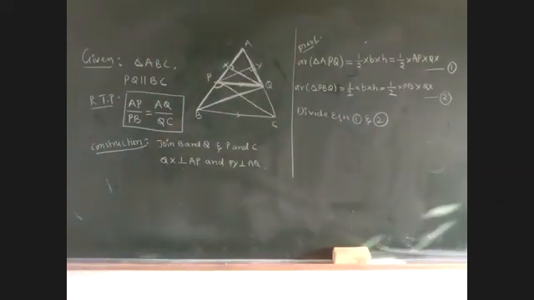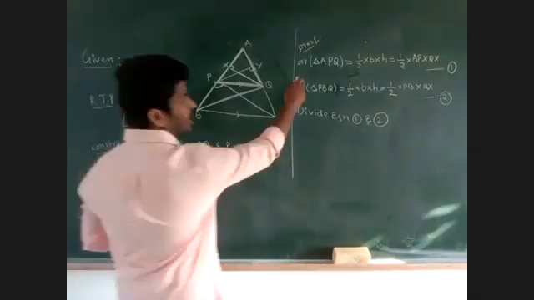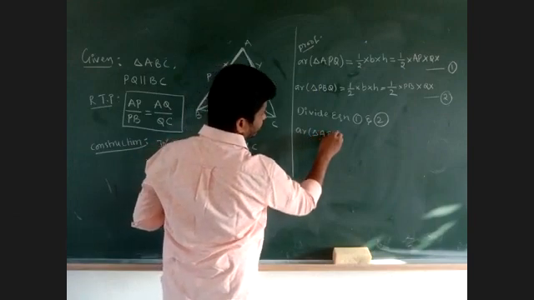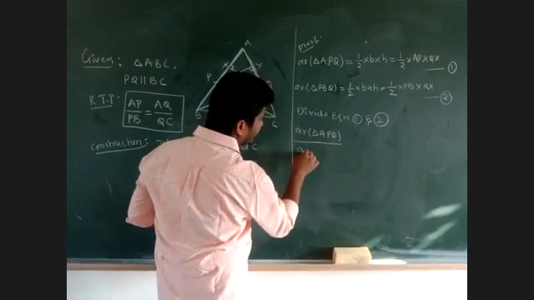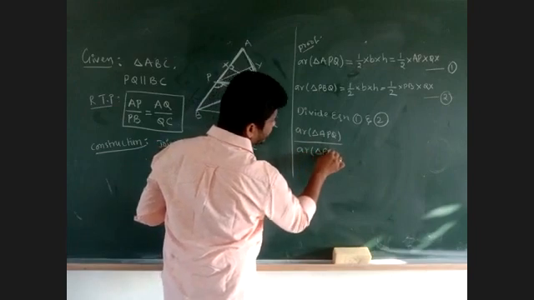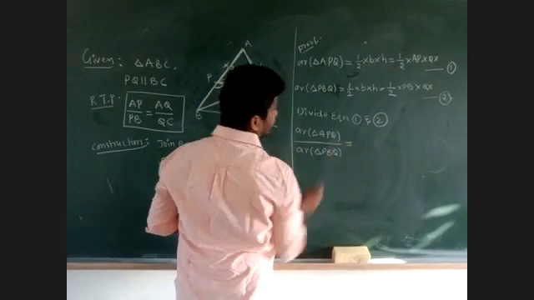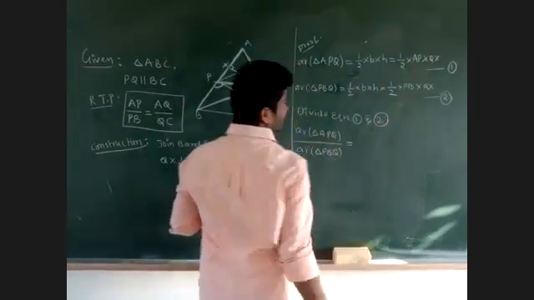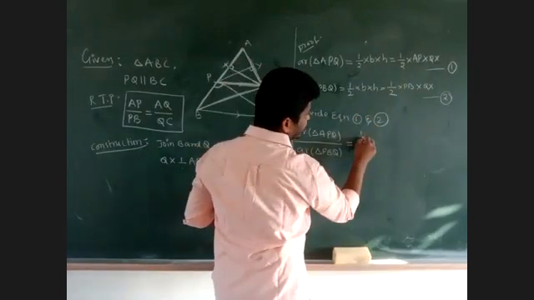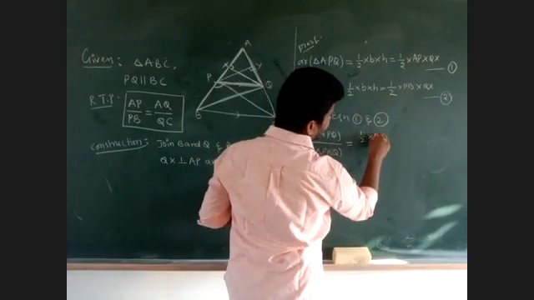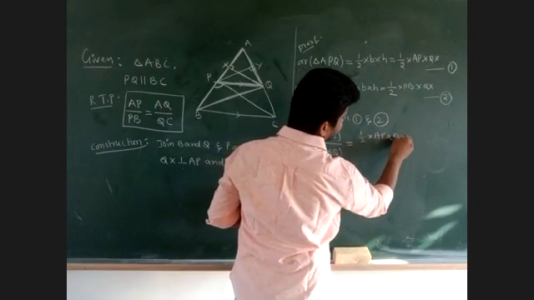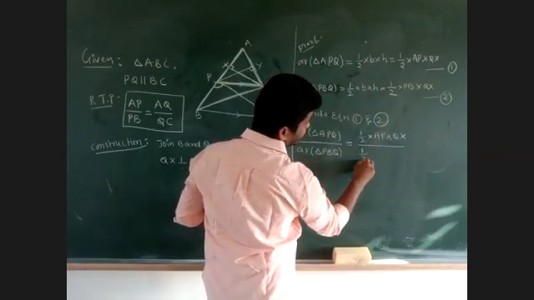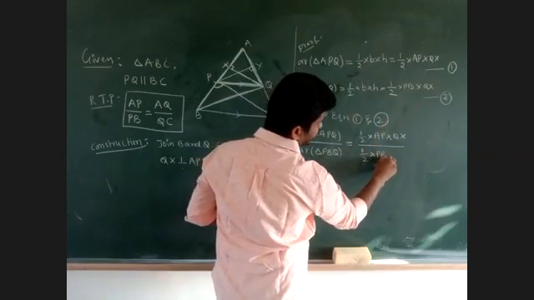Area of triangle APQ by area of triangle PBQ equals, left side divided by right side: half into AP into QX by half into PB into QX.